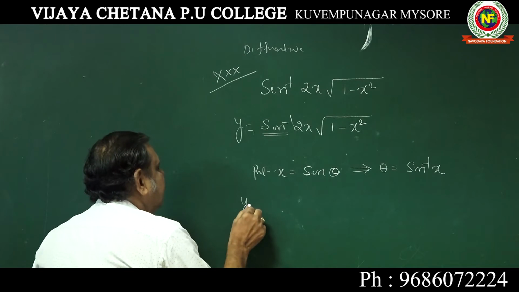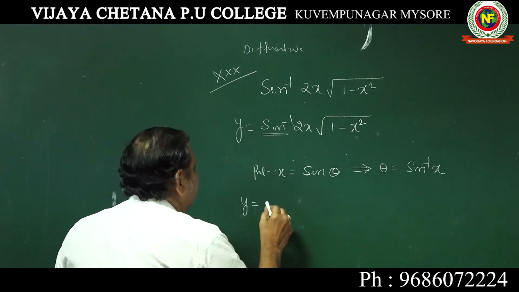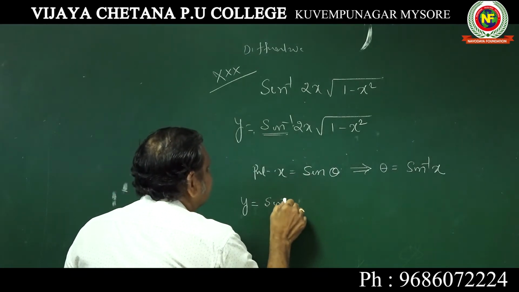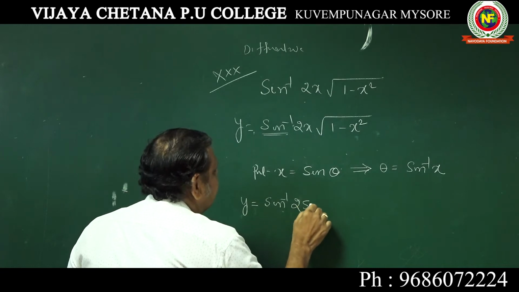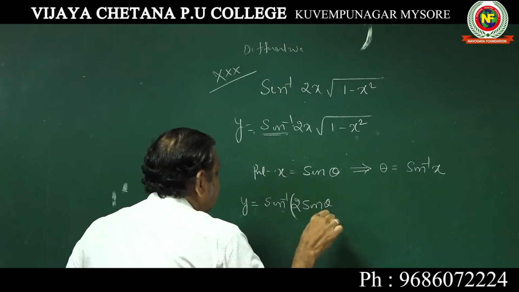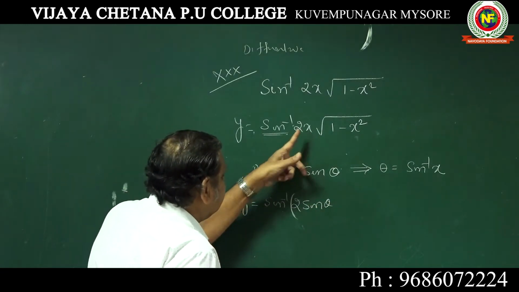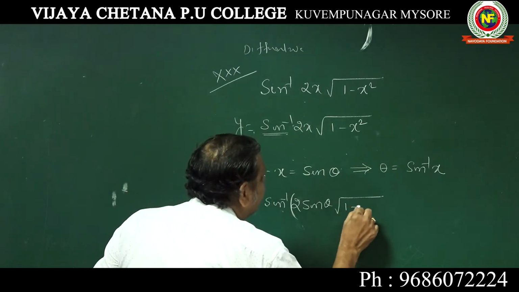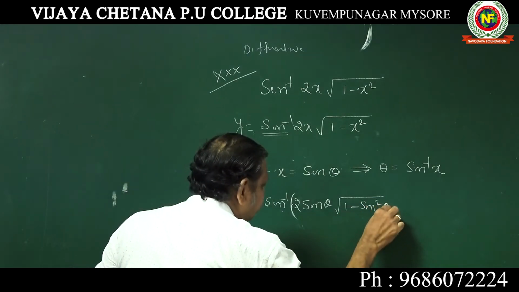So your y will become, no differentiation directly, y will become sin inverse of 2 sin theta into root of 1 minus sin square theta.